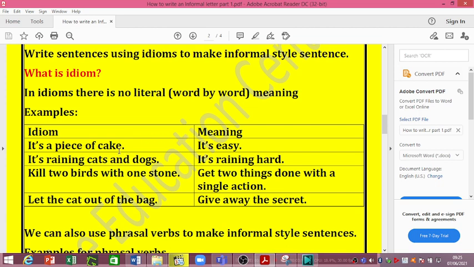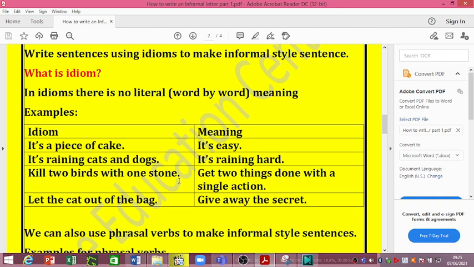It's a piece of cake. When you use this idiom, the meaning of this is it is easy. For an easy thing you can say it's a piece of cake. Yes, there we use an idiom. Then your style becomes informal. It's raining cats and dogs. That means it is raining hard. Kill two birds with one stone.